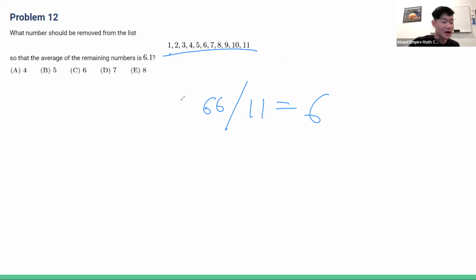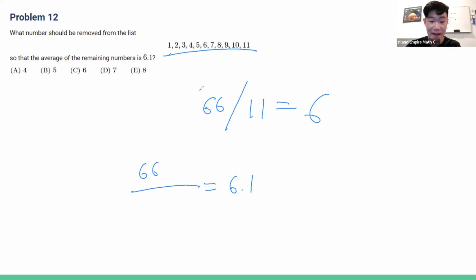So I'm going to use a little algebra for this. If we know that the average is just all the numbers added together divided by the amount of numbers, then I can set up a fraction. So I want the average to be 6.1.